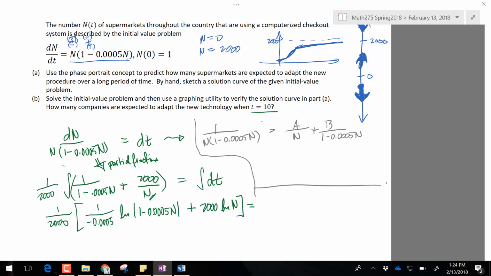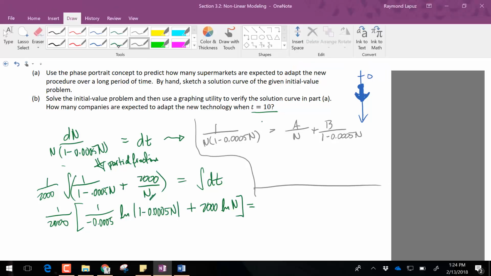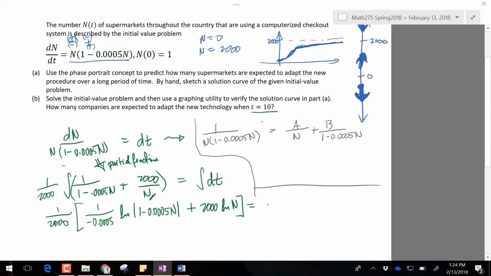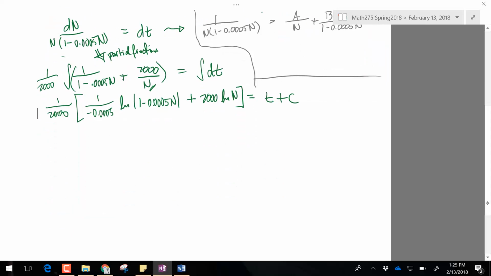All right, so we're here now. We have the T plus C business, and then we need to somehow solve for N. So 2,000 times 0.0005.